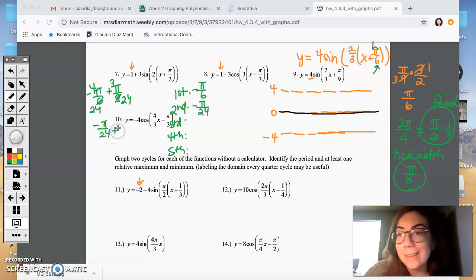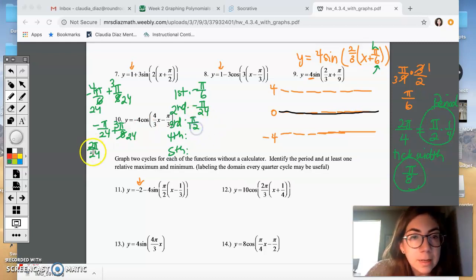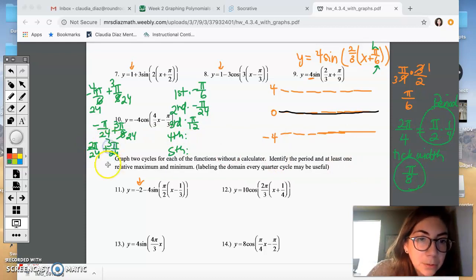Again, we're going to add the tick width, which is pi over 8. Get a common denominator. I'm going to make that 24 again, make that 3. So that would be 2 pi over 24, which is pi over 12. Again, add the tick width, pi over 8, which we know by now is 3 pi over 24.